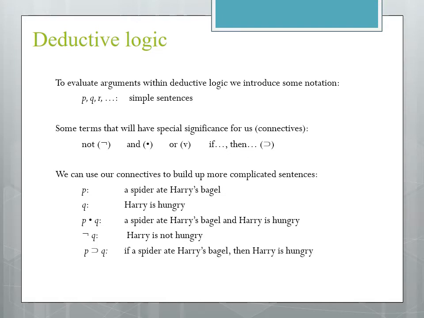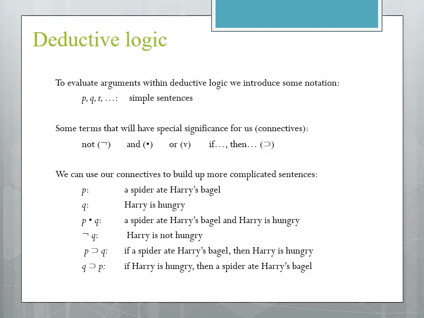So any sentence in English, if something, then something, can be translated into our symbolic language, assuming that what's associated with if and associated with then are declarative simple sentences.